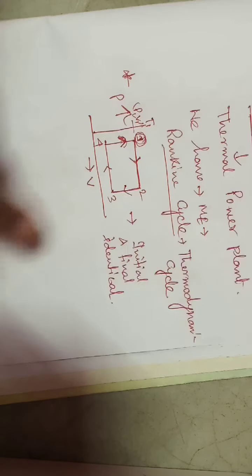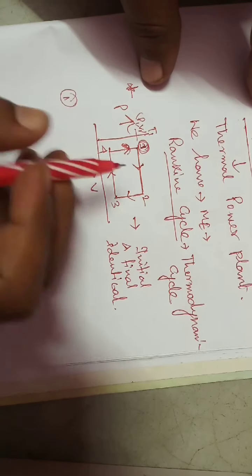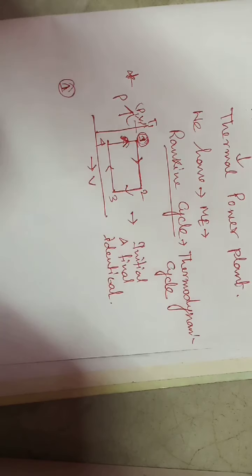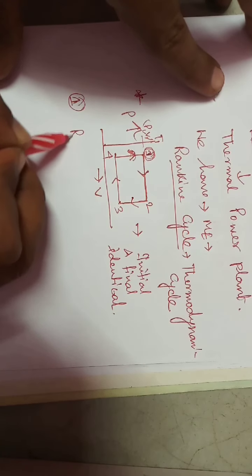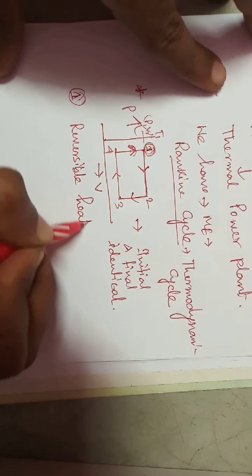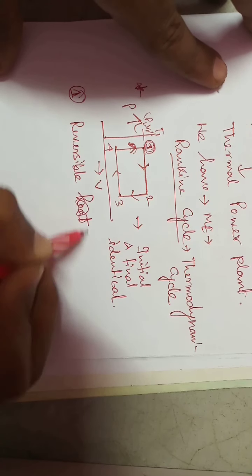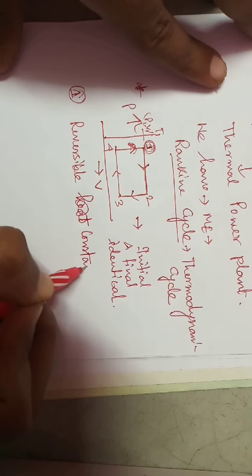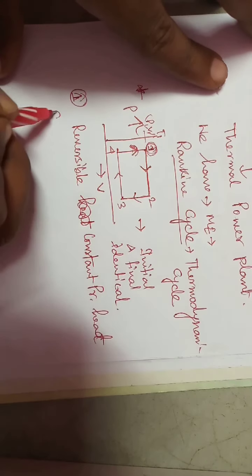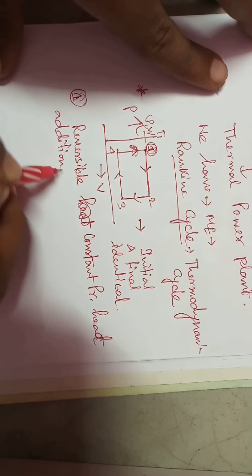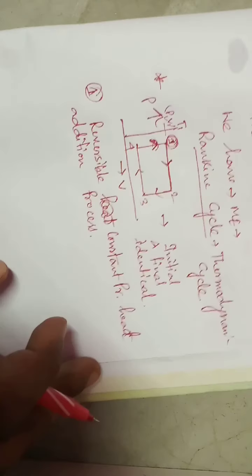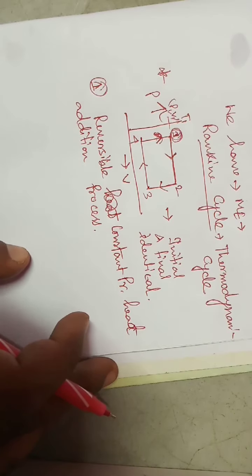So the Rankine cycle mainly consists of 4 different processes. What are the processes? First of all, the Rankine cycle has a reversible constant pressure heat addition process. We all know that constant pressure means the pressure will be the same throughout the process.